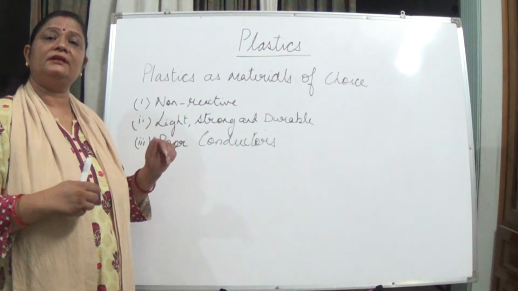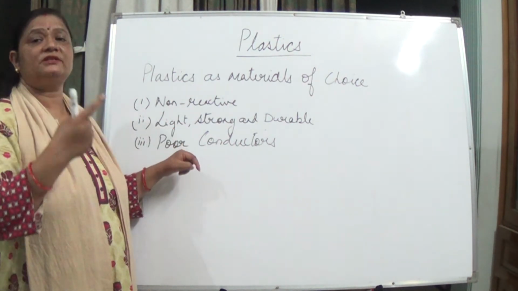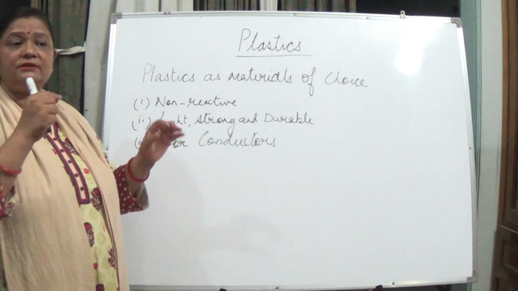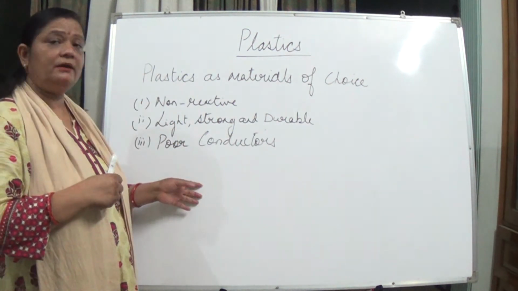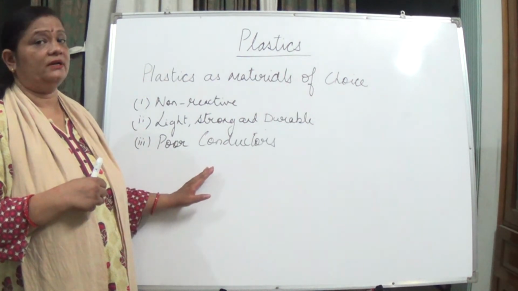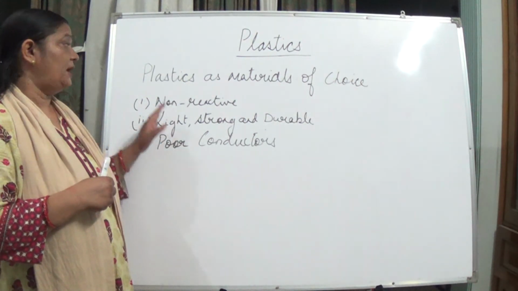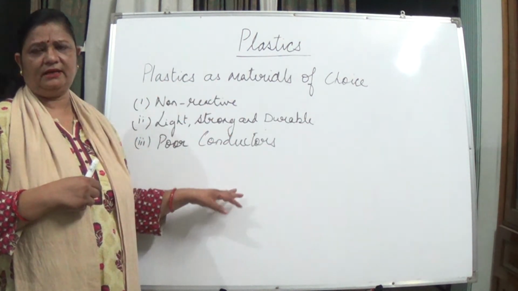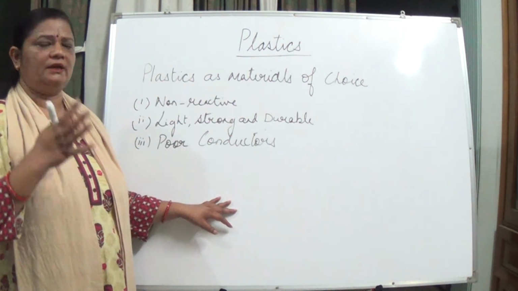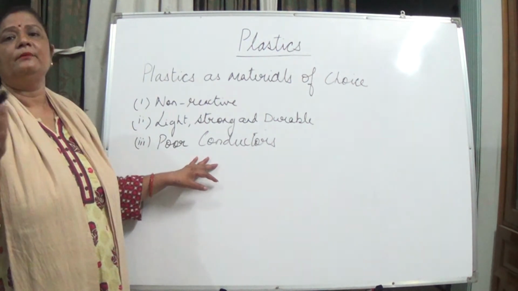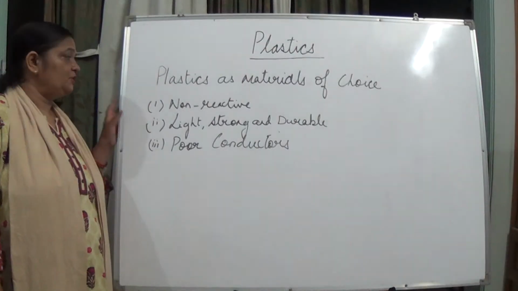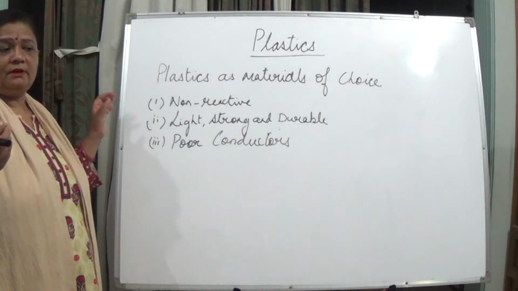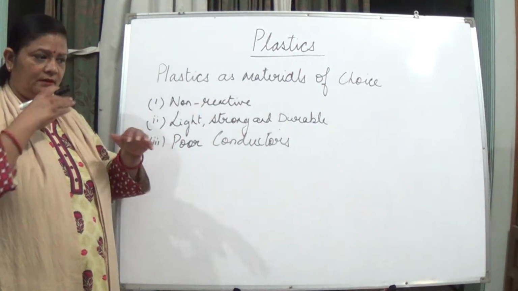The handles of containers are made of plastic, that is bakelite. And the insulation of wires is also done with plastic as they are poor conductors of electricity. All these points make plastic a convenient material that we can use for any purpose.